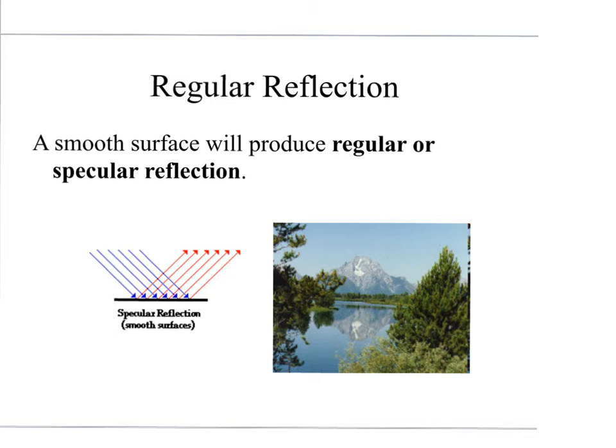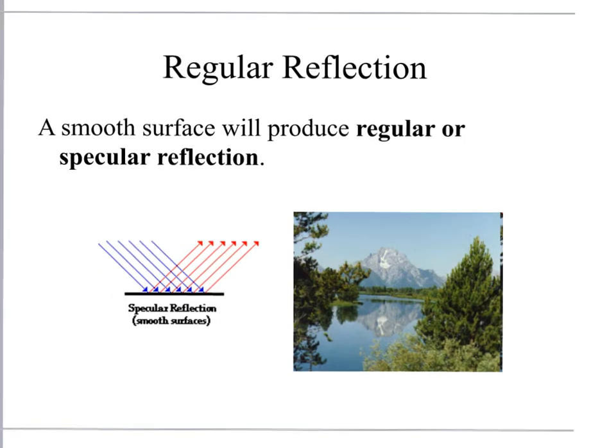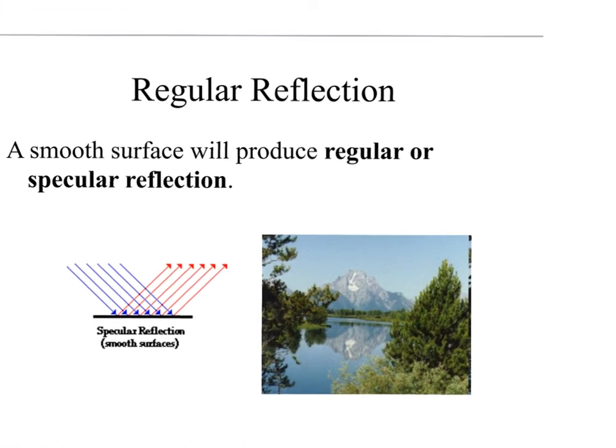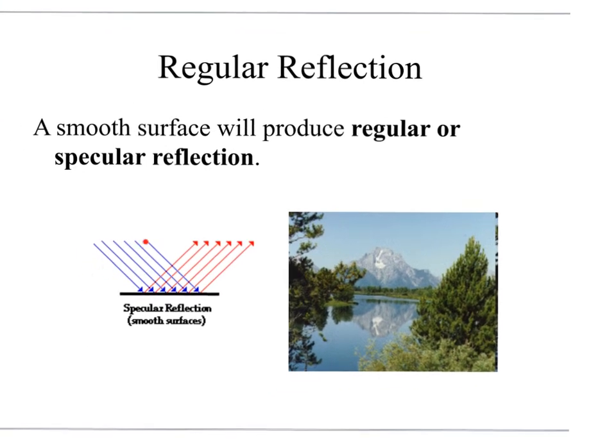So that's specular reflection. You should notice that the incident rays in blue are all parallel to one another, and the reflected rays are similarly parallel because they're all maintaining that same sort of incident angle, reflected angle.